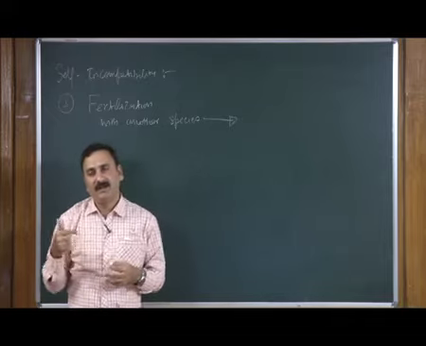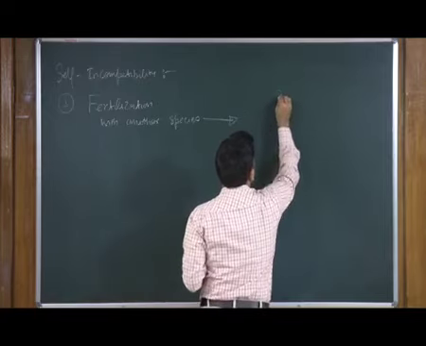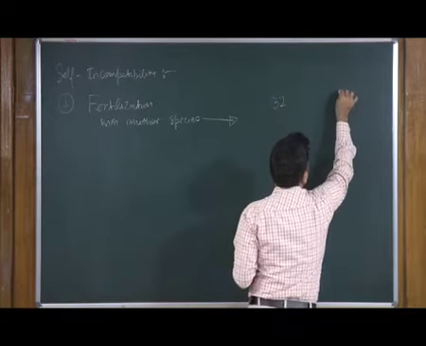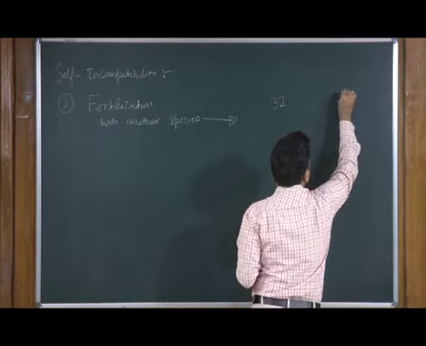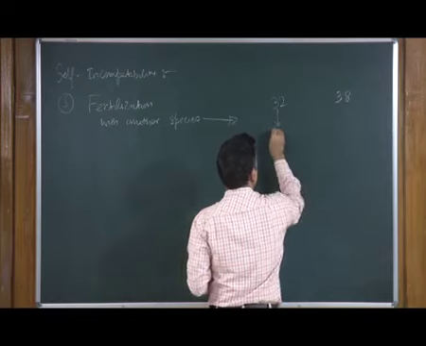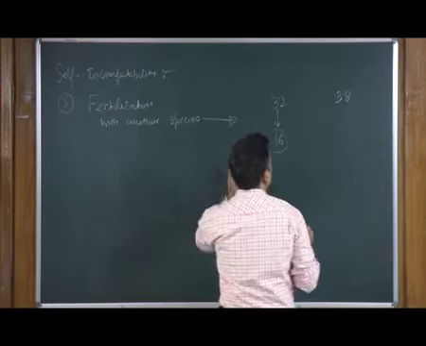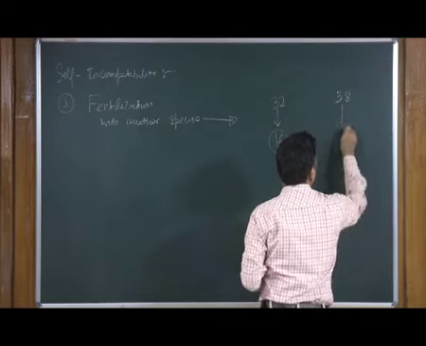If there is one plant which contains 32 chromosomes, and there is another plant which contains 37 or 38 chromosomes, this means this plant is going to have 16 chromosomes in the female gametes, and this plant is going to have 19.